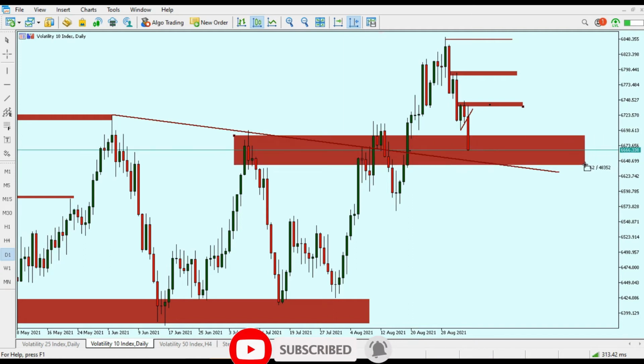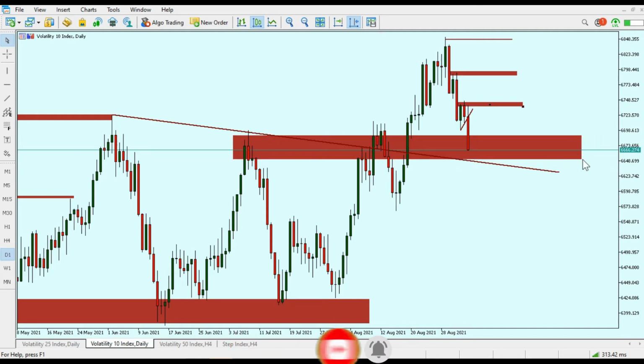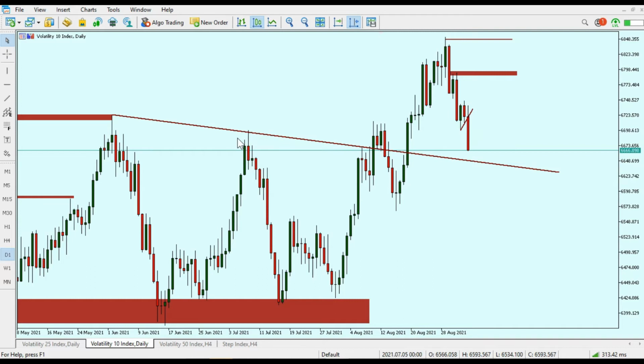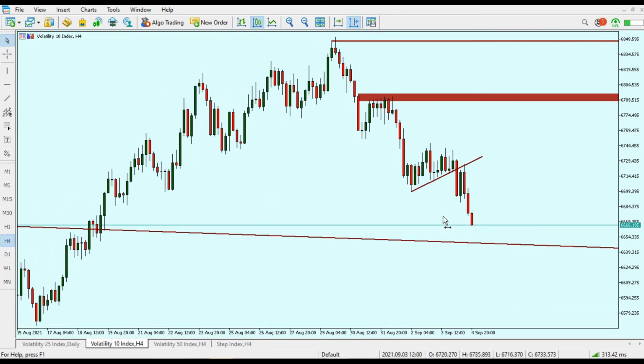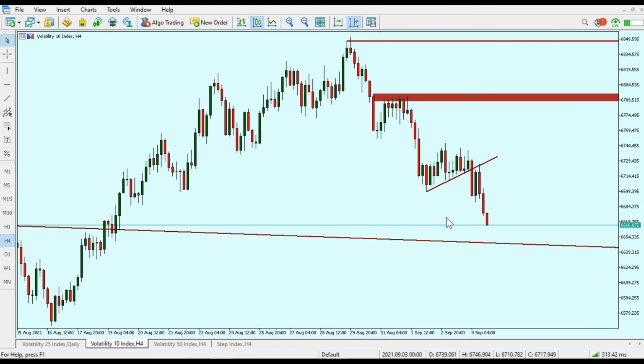So we are within a support region to test this trend line. So let's also see if we can get something better, so as to have a nice and better entry, offering a better risk to reward ratio.